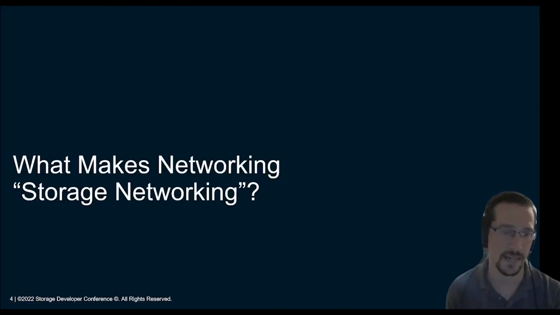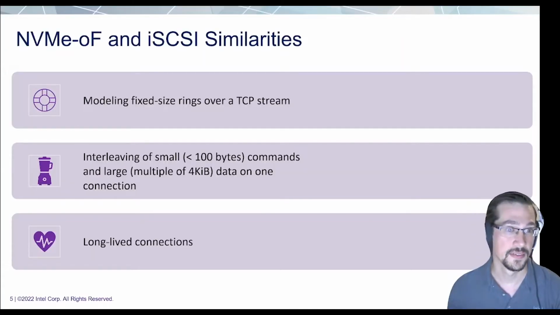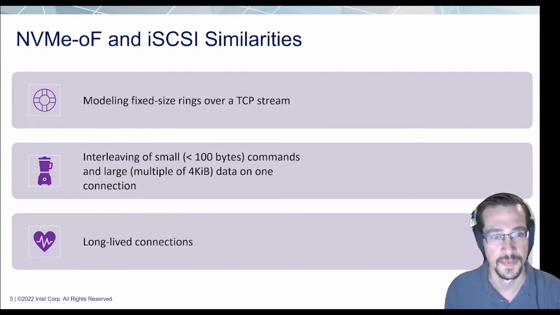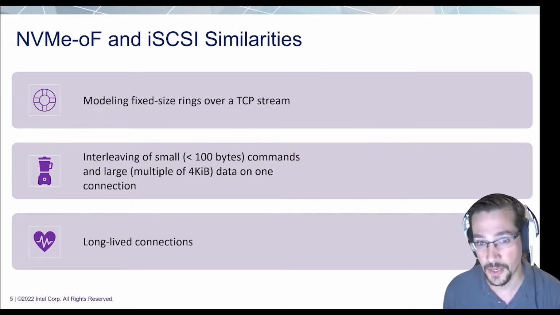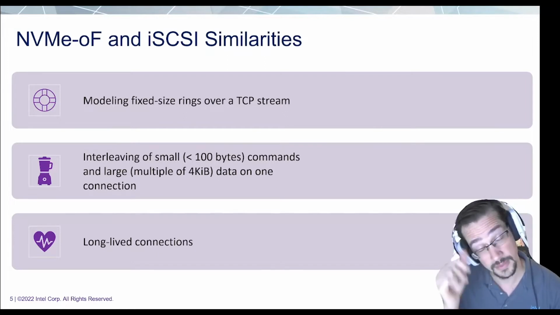So what makes storage networking specifically? For me, that means the protocol is probably modeling a fixed size ring over top of a TCP stream. In this ring are placed commands. The commands are usually small. I think NVMe-over fabrics is 72 bytes or something.